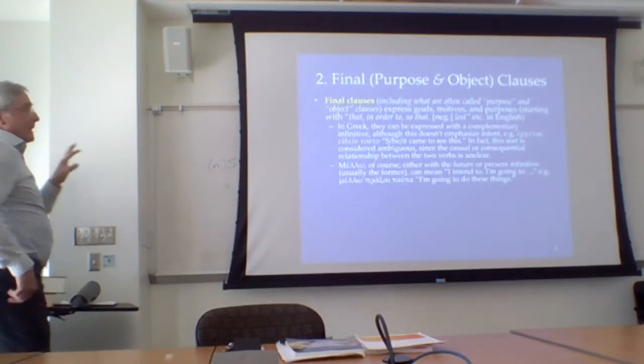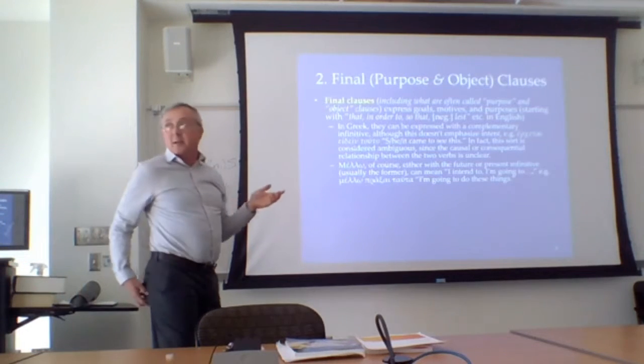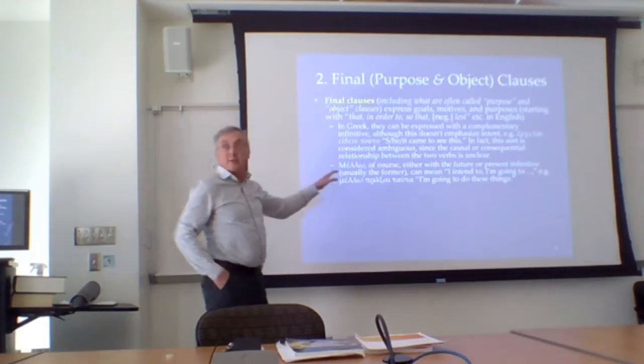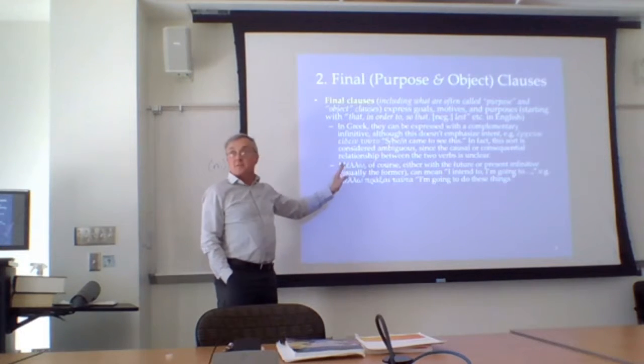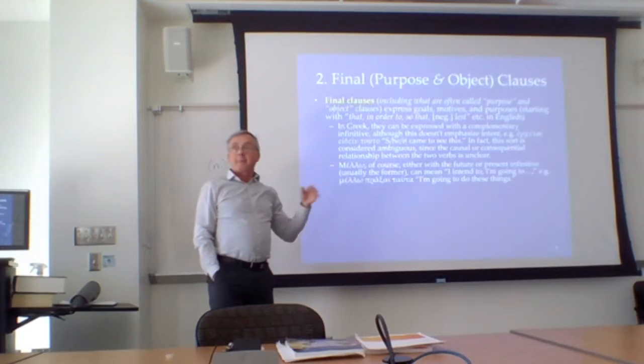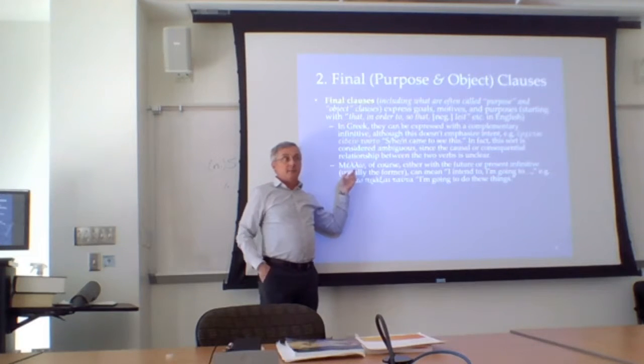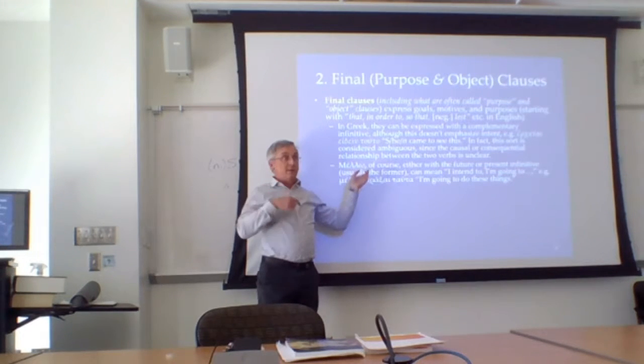And in fact, a really common use of a complementary infinitive, which does express intent, is one that you had introduced to you at the very end of 101, and that is this verb melo, right? Which means I intend to or I'm going to do something. And it's a good translation of actually the common usage of I'm going to in English.